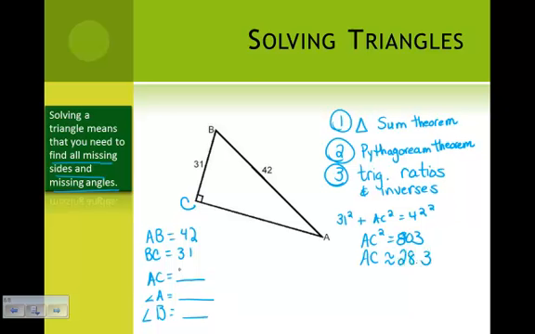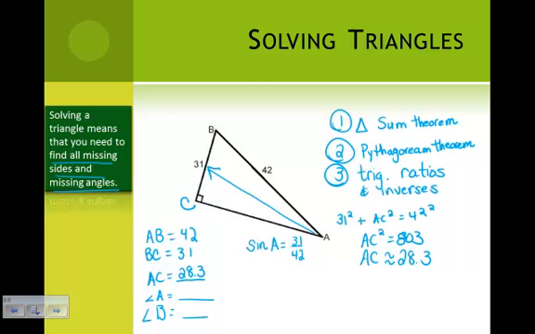So we found one piece of missing information. Now the 2 things that they gave us, let's look in reference to angle A here. They gave us the opposite of angle A, and then we also have the hypotenuse. So I can use the sine, because sine is opposite over hypotenuse, of angle A, and I know that's 31 over 42.